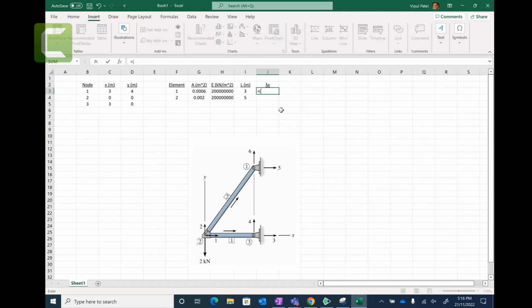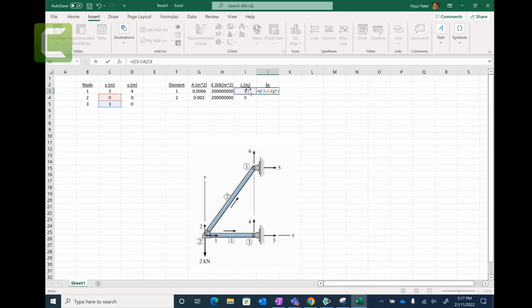Equal to bracket, and this is here, so node number 3, node number 3 x minus node number 2 x, node number 2 x divided by the length.